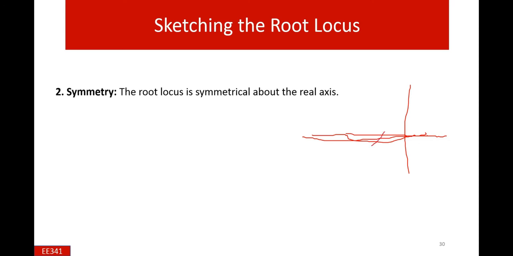The positions of these poles change with the variation of K, starting when K is equal to 0. So the root locus starts from K equal to 0 and ends at K equal to infinity. It starts from the open loop poles and ends at the open loop zeros. And the second key rule is that it is always symmetric about the real axis.